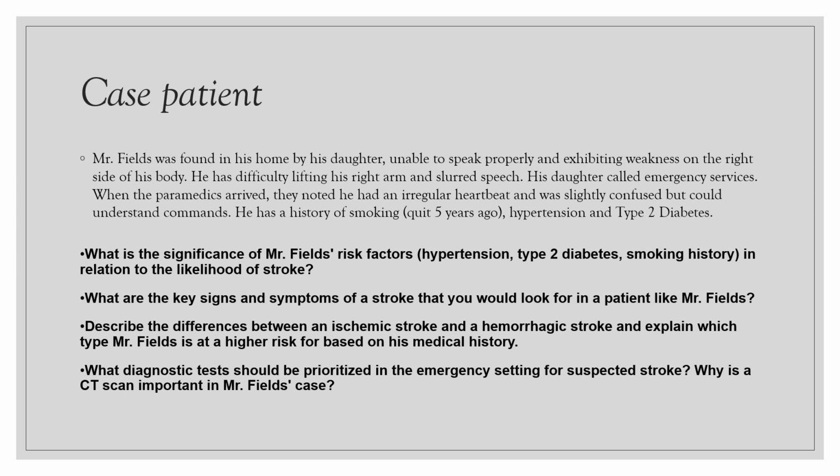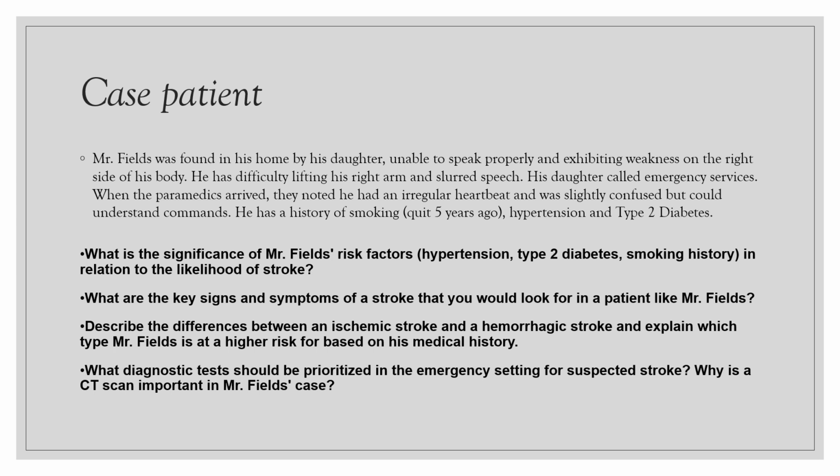And what type is Mr. Fields at a higher risk for based on his medical history? So if you look here, it shows that he has an irregular heartbeat, right? And remember, atrial fibrillation is one of those things that can cause an ischemic stroke. So if we pull some of this information together, we know he has a history of smoking, which has an effect on the vessels, right?